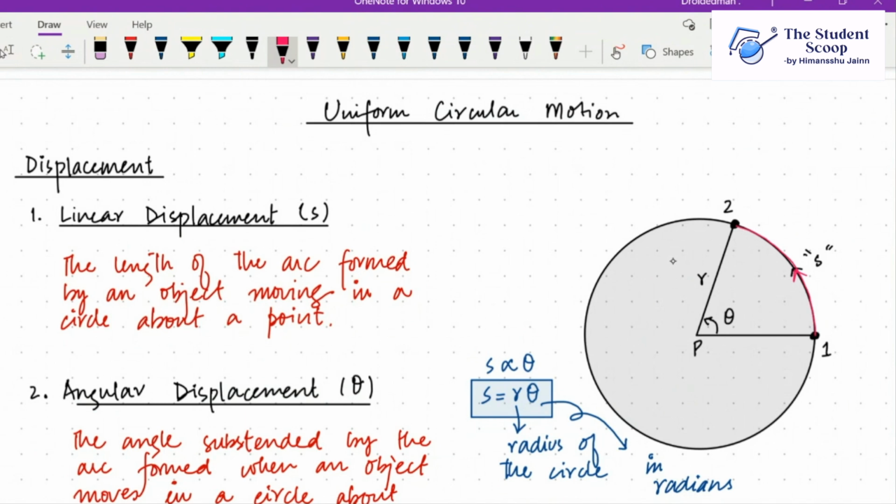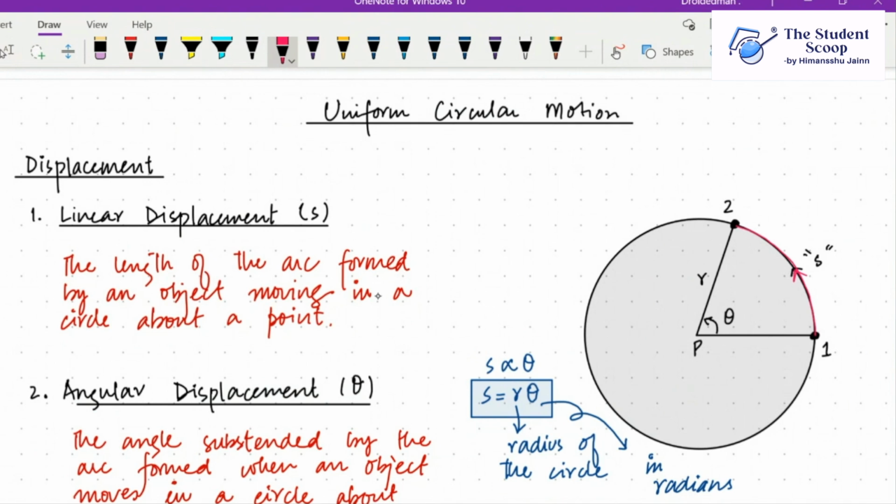It is not the shortest distance between A and B, but I'm considering very small distances. If I reduce this theta to very small angles, then we can take that as a displacement. But now we are going to talk about the length of an arc as S, which I represent in circular motion.